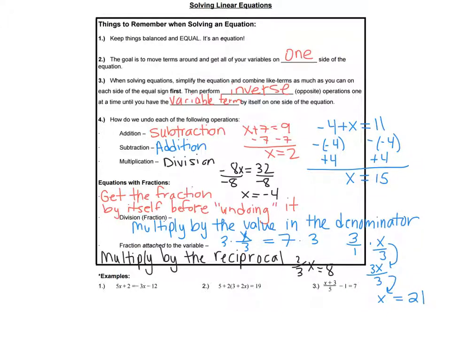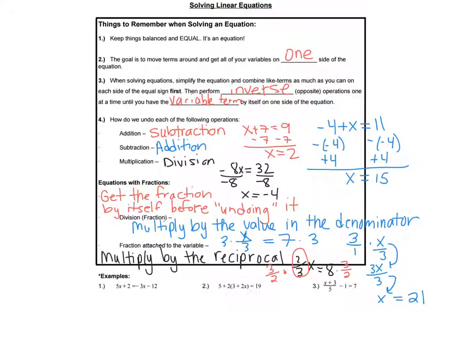To solve 2/3 x equals 8 and undo this, this means we're taking 2/3 and multiplying it by x. So the opposite would be to divide by 2/3, but we don't divide by fractions. Instead, we multiply by the reciprocal. So the reciprocal of 2/3 is 3/2. The reciprocal just means to flip it upside down. So you're going to multiply both sides by 3/2.